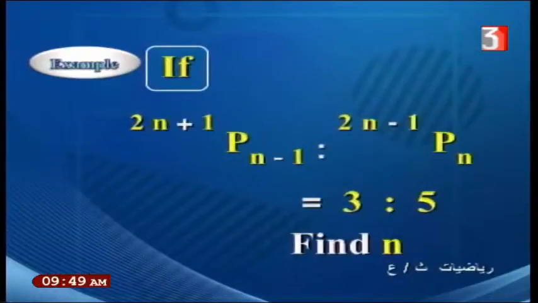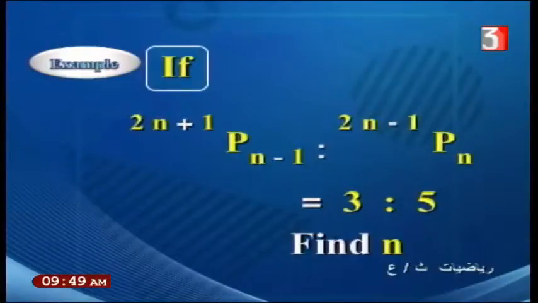By using factorials. 2n plus 1 P n minus 1 equals factorial 2n plus 1 over factorial of the difference between 2n plus 1 minus (n minus 1) inside brackets.